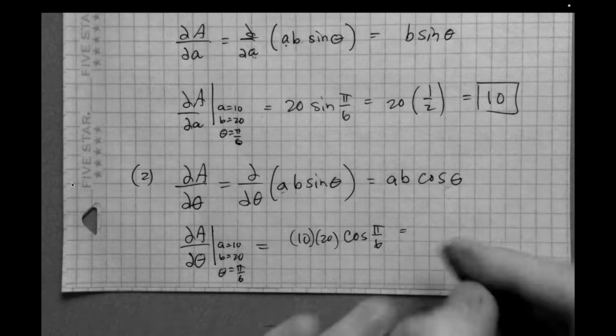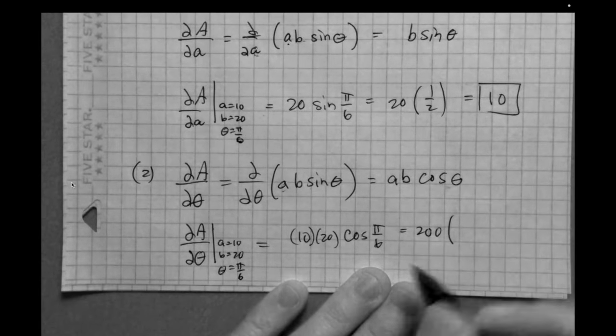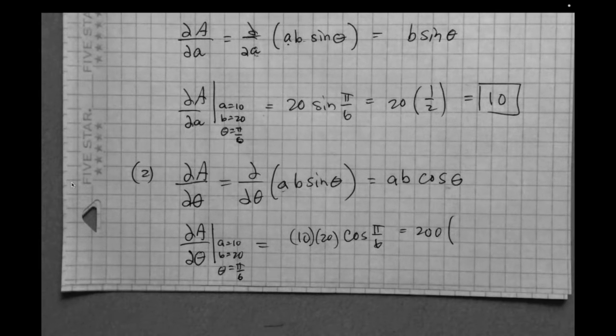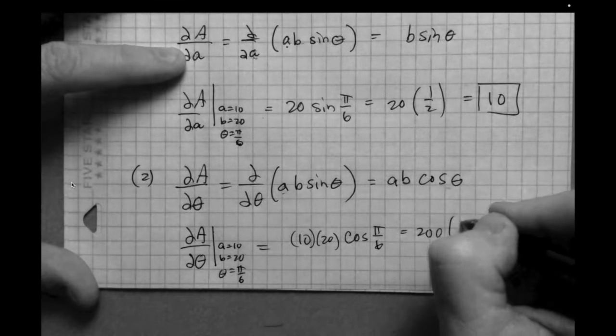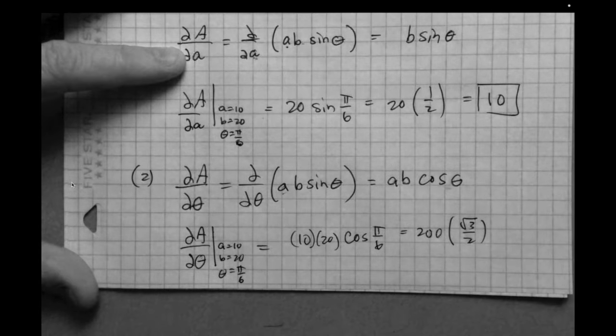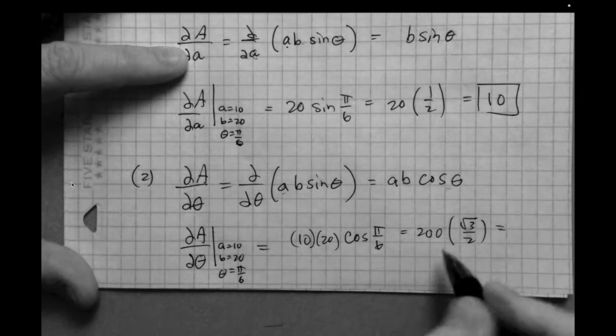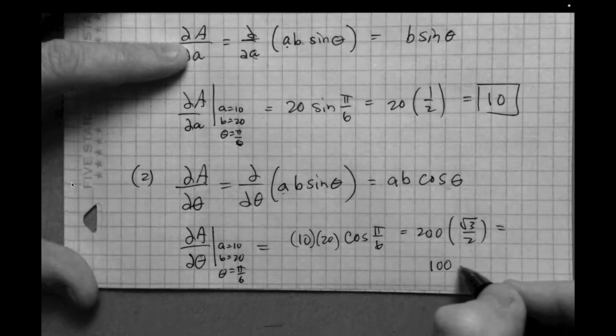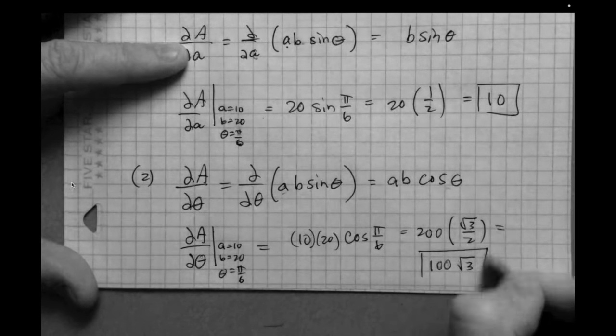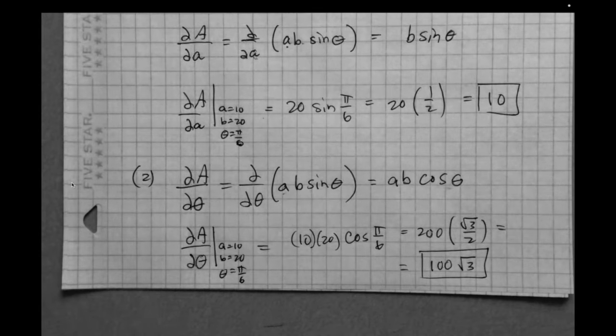So this would obviously be 200 times whatever cos of pi over 6 is. And if you recall, cos of pi over 6 is the square root of 3 over 2. And so this is going to be 100 times the square root of 3. Okay.